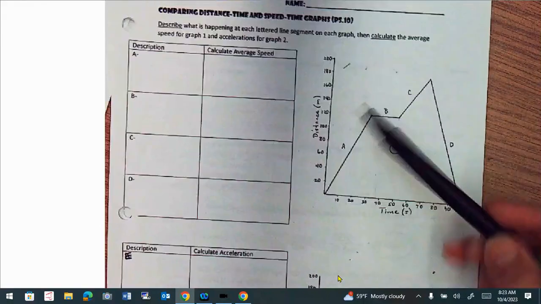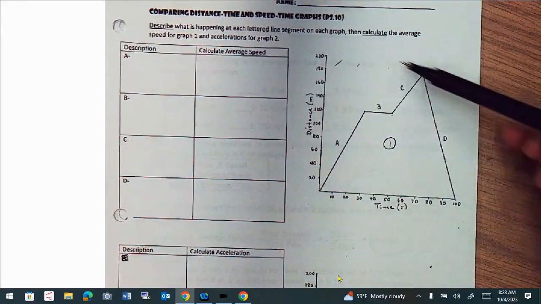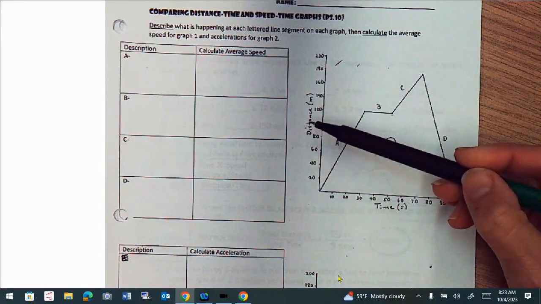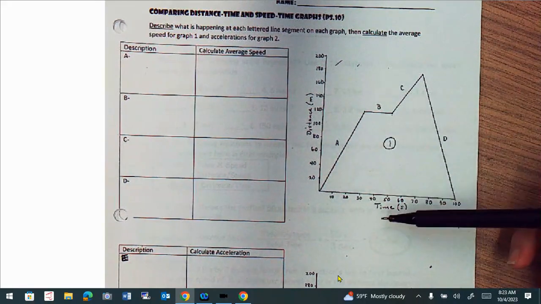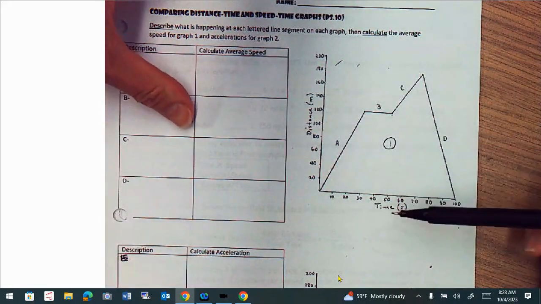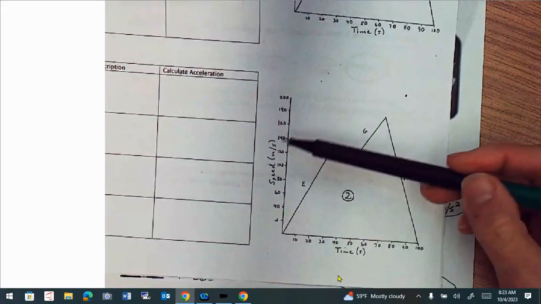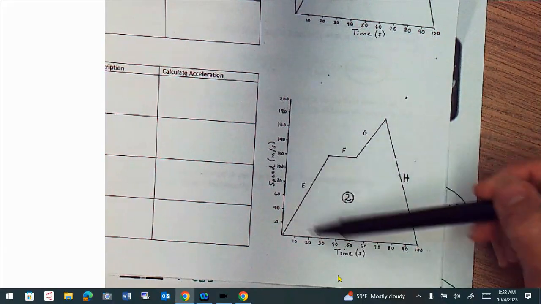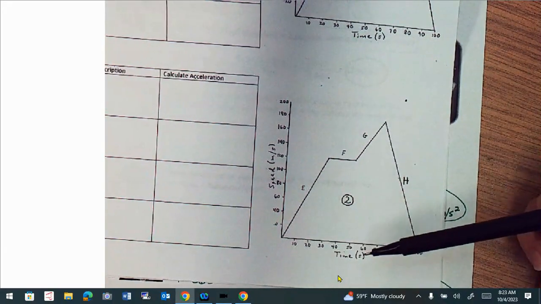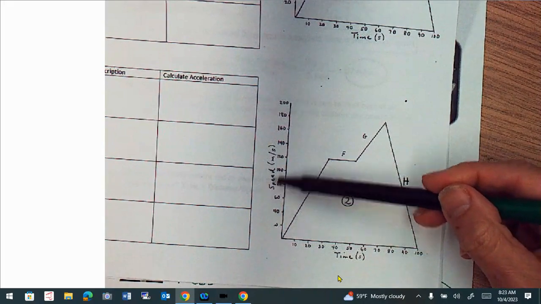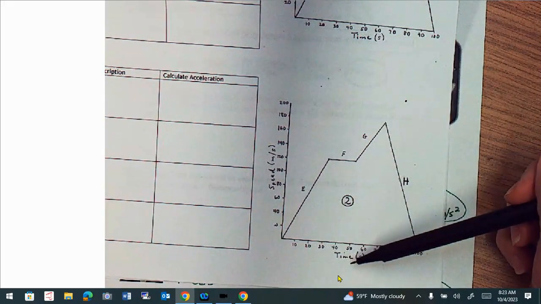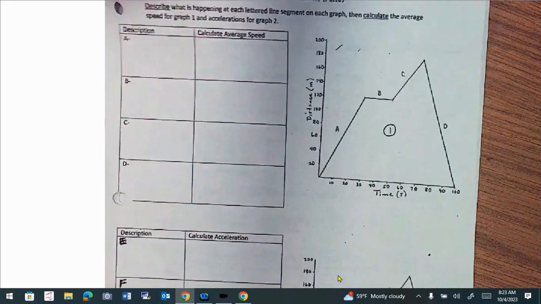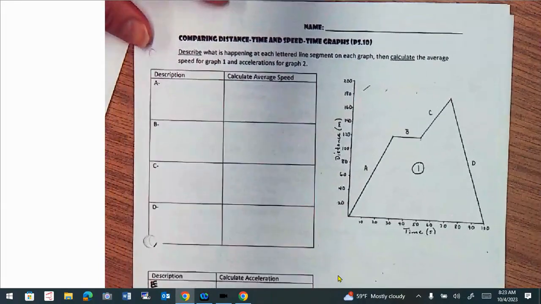So here we're looking at a speed graph because speed is distance divided by time, and that's what the variables are on the y and x axis. And in this case, we're looking at the change in speed as time goes by, which is an acceleration graph, because acceleration is the change in speed over time, or change in velocity over time.